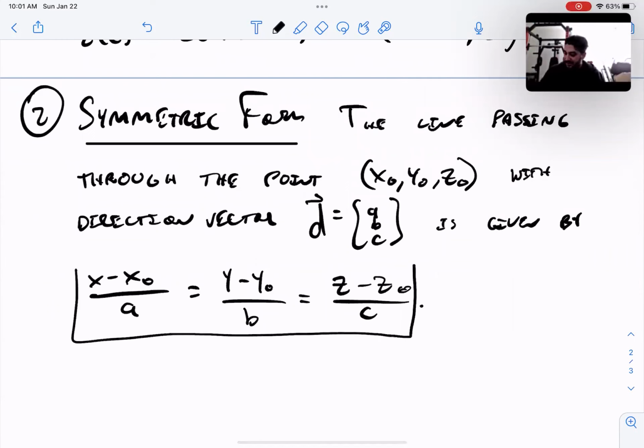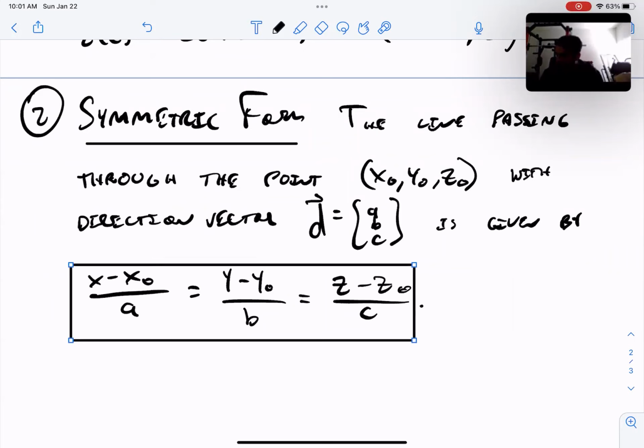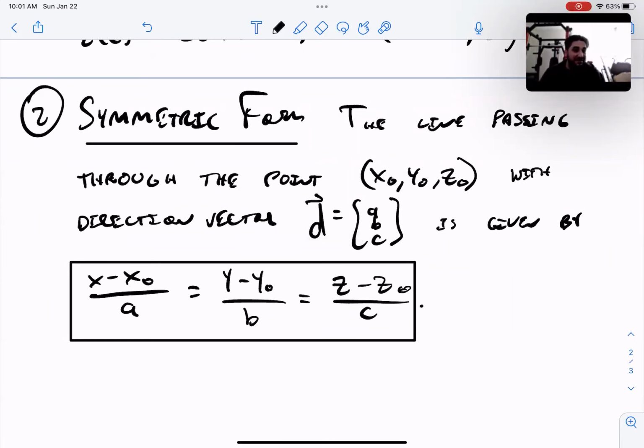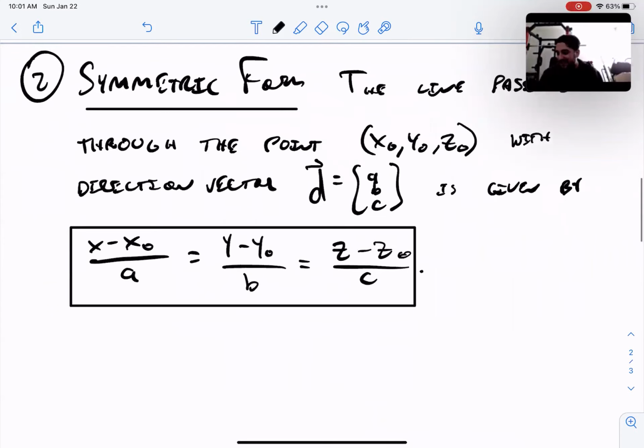Now, my claim is that the first form was really just y equals mx plus b in 3D. My claim is that this one is point slope form. Why is this point slope form? Not exactly point slope form, but the analogy of point slope form.